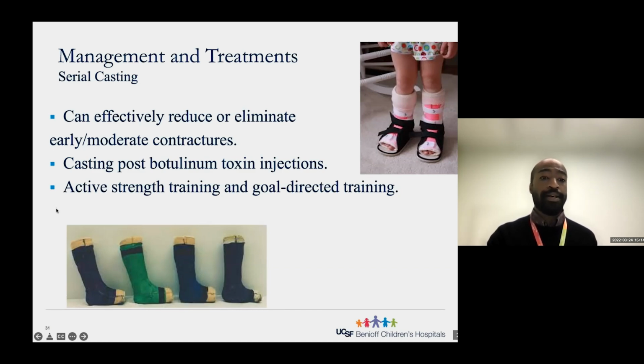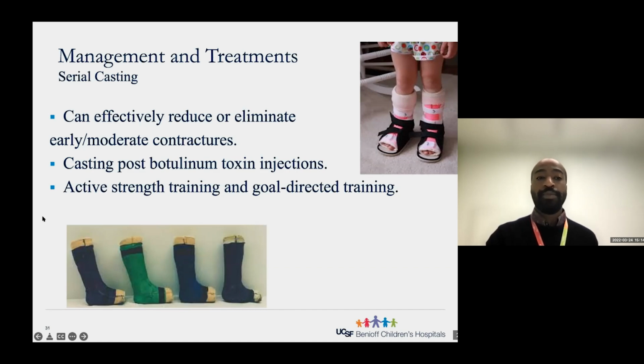At the end of that week, the cast will be cut off, and you make sure that the skin integrity is good. If the skin integrity is good, you repeat the casting process, increasing the angle of the tibia to foot, and repeat.